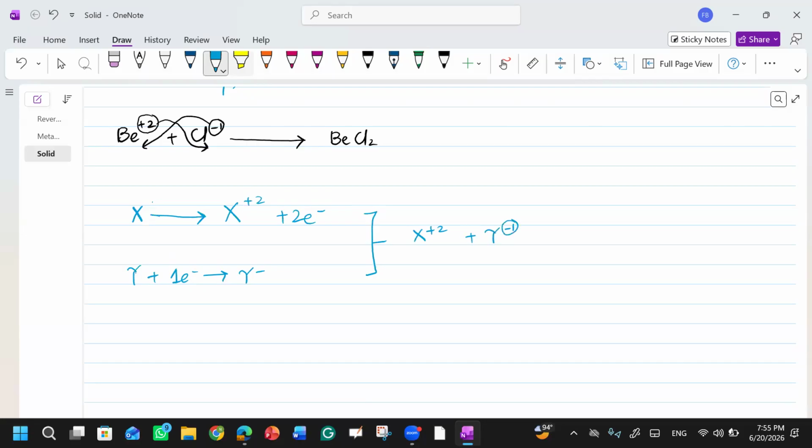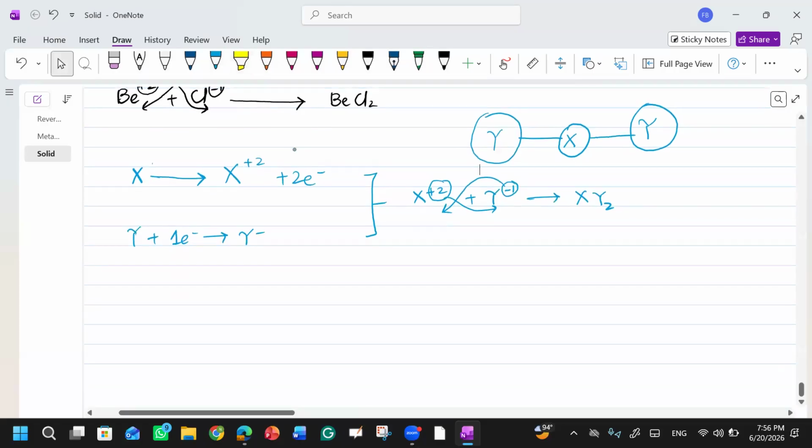You will shift the charges, this one over this side, this one over this side, and you will have X, Y with 2 on the Y. It means X was losing 2 electrons. One was shared by 1 Y, and the other electron was shared by the other Y atom. Clear? This is the case.